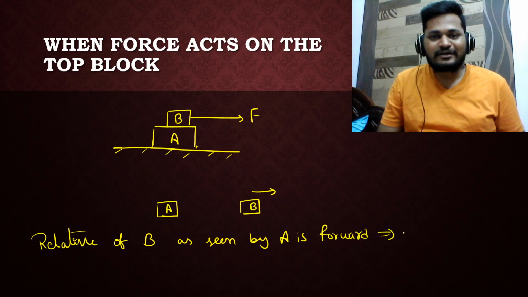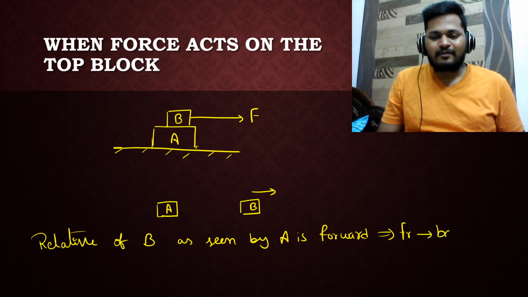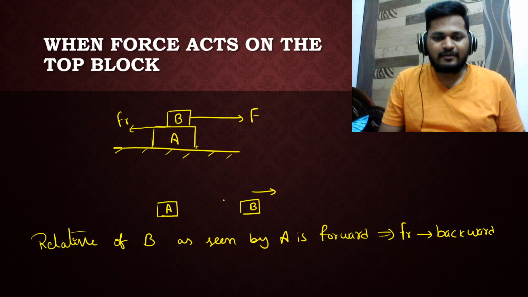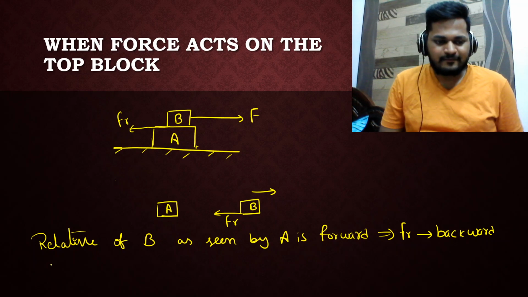Friction opposes relative motion, right? So friction should act in backward direction on B. Means like this. On B, friction will be acting in backward direction.